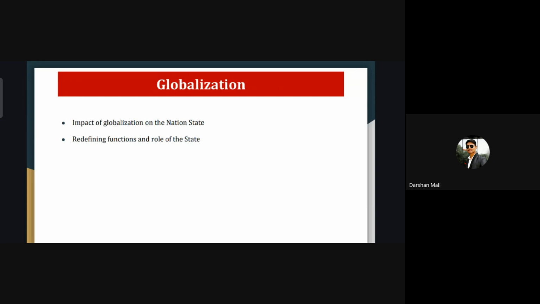The term globalization itself gives an idea about the concept of transnational borders, where you do not have any border at all.